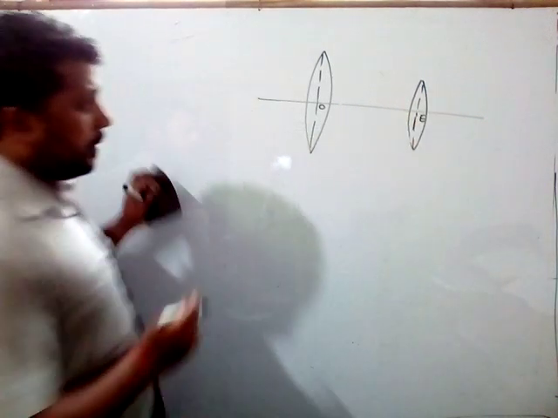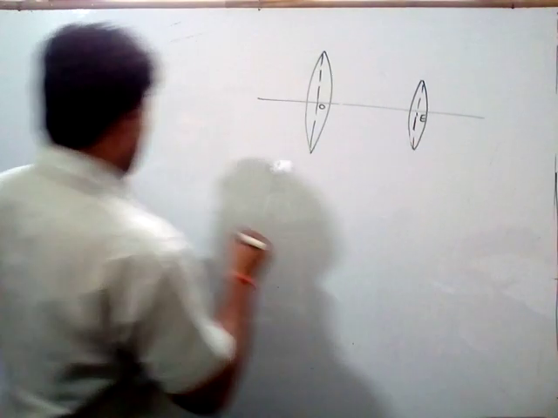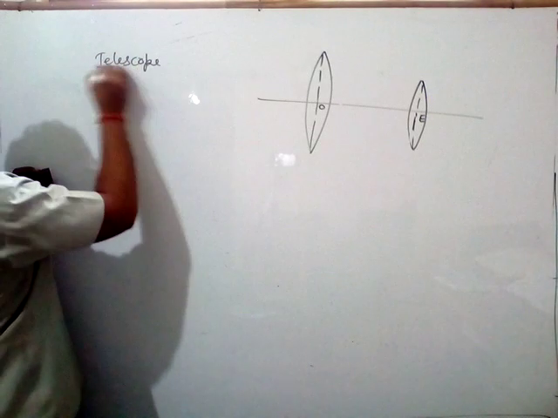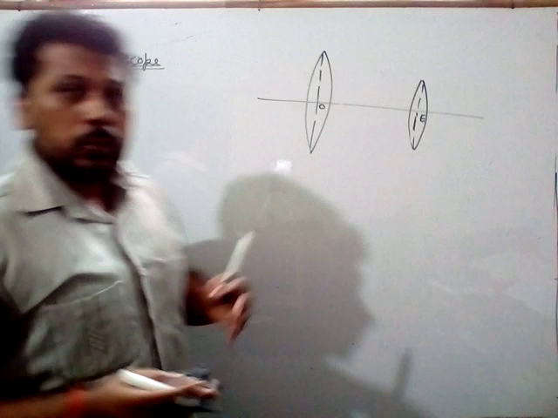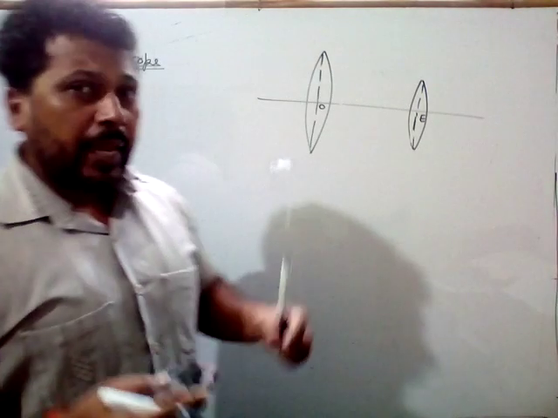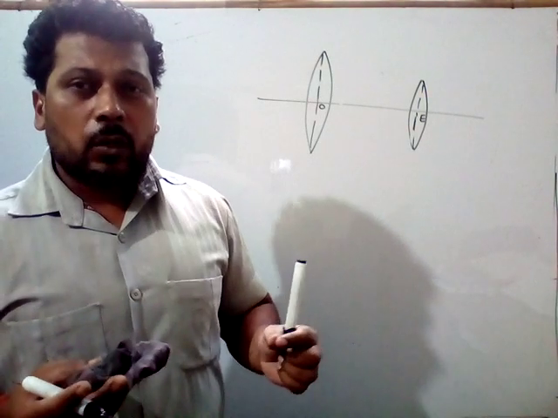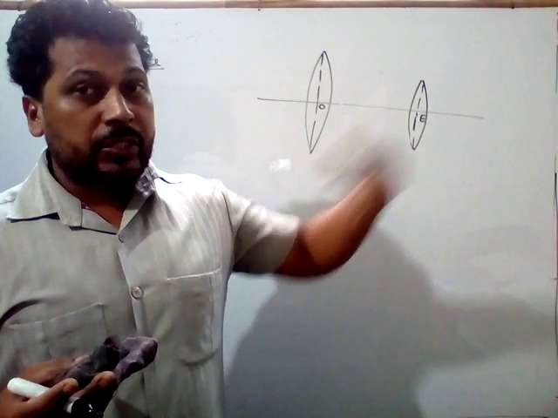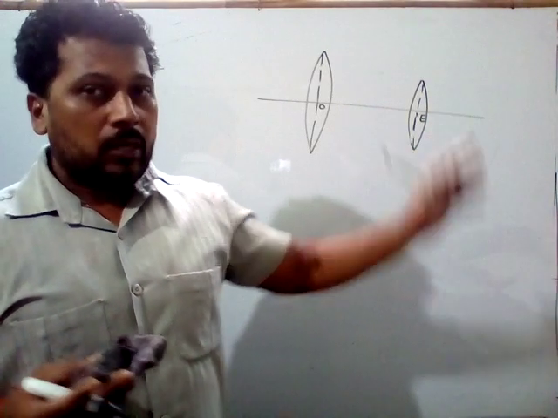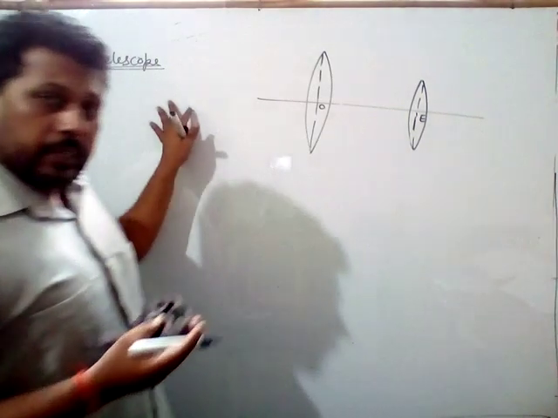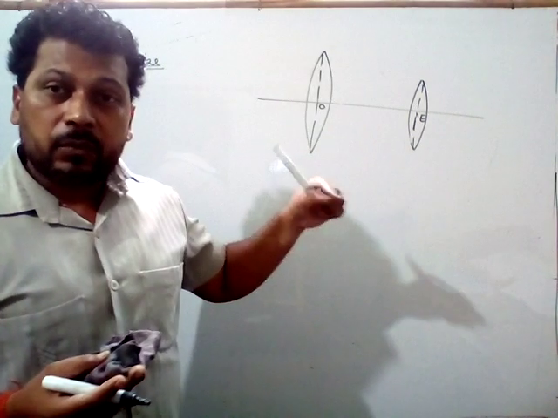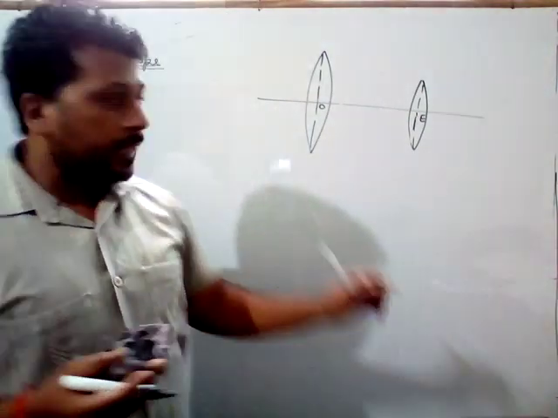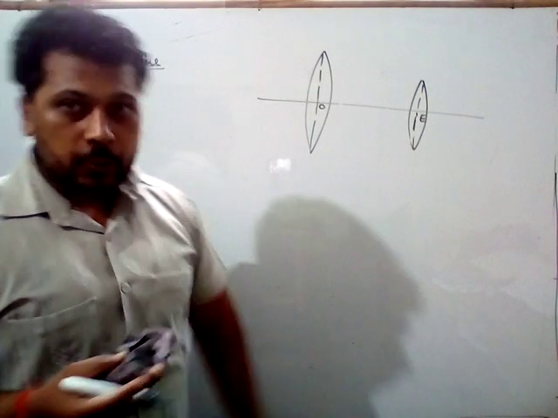A telescope is used for seeing any small-sized object which is situated at a distant or very far point. So for seeing any object situated at a very large distance, or at infinity, we will use the telescope.